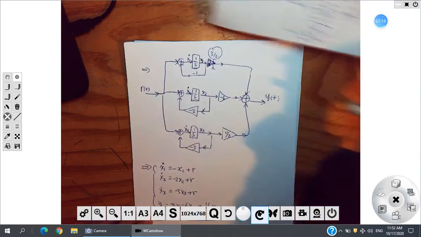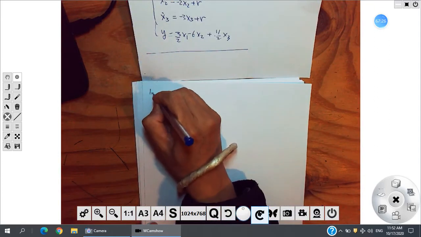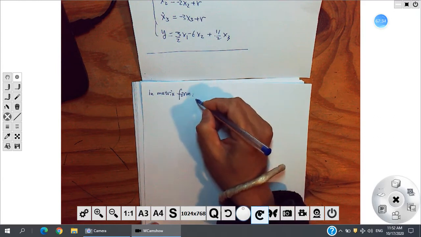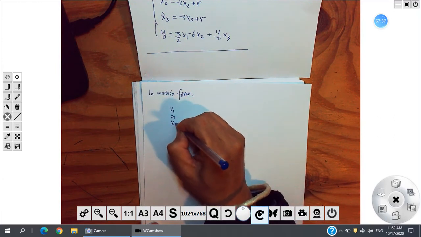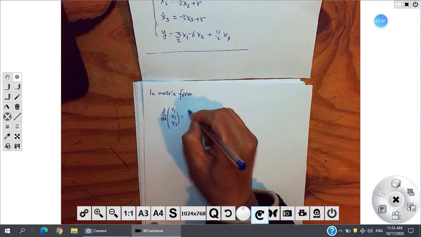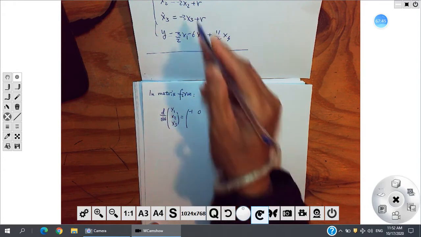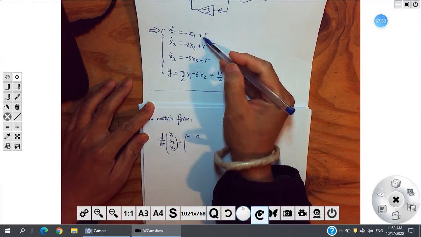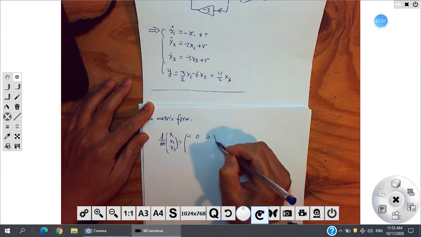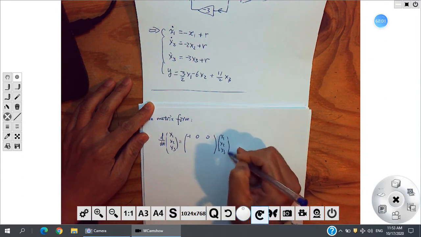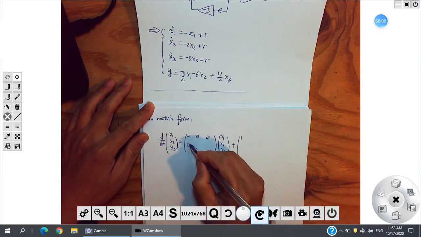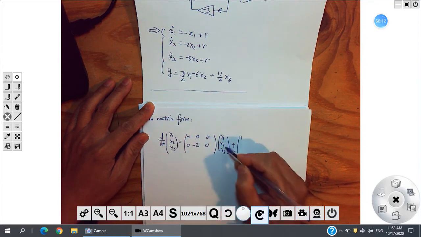And in matrix form, we have x1, x2, x3 derivative equal to negative 1 of x1, no x2, no x3, plus 1 of r. The second line is negative 2 of x2, no x1, no x3, plus 1 of r.